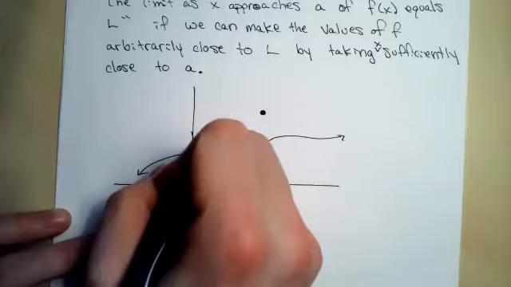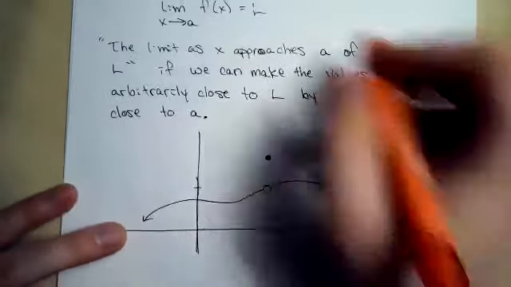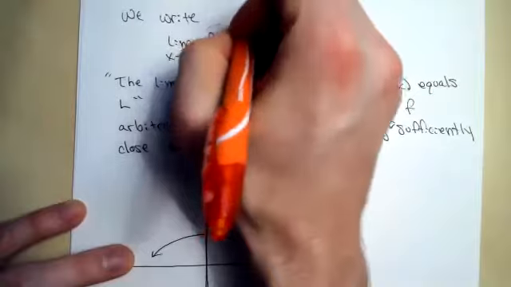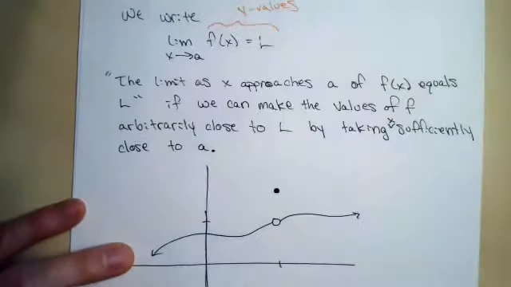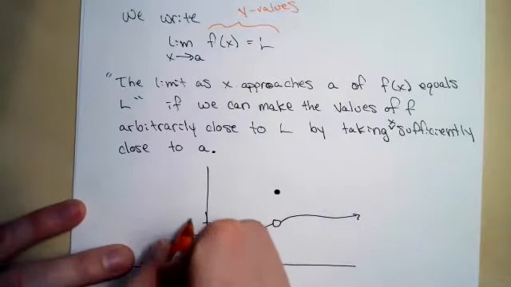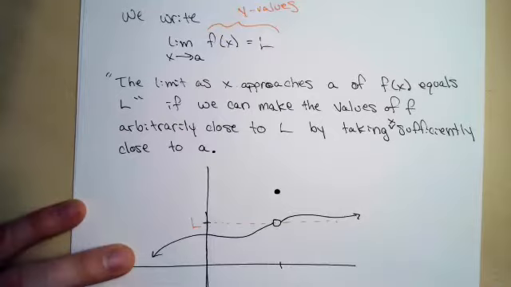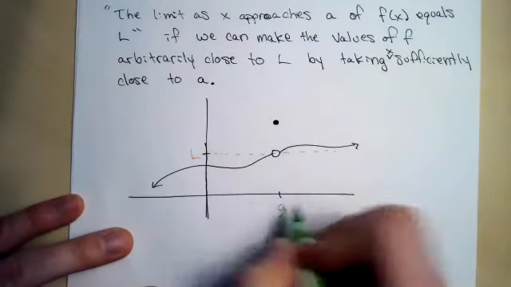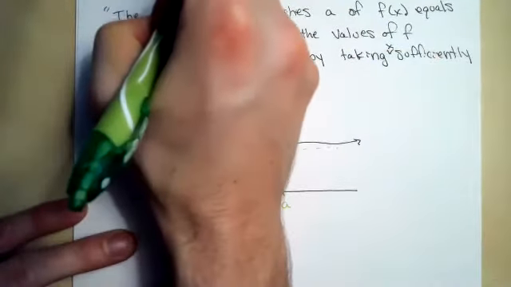The thing to note is that our L and of course f of x are y values, so our L is here, and the a and x are x values.